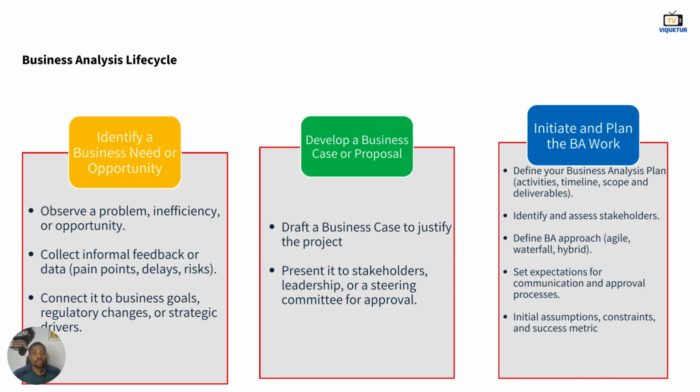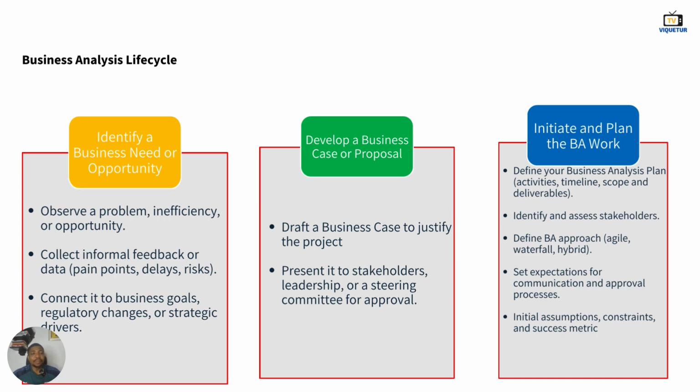The next thing you want to do is to then present this your business case to your stakeholders, which is maybe your leadership or a steering committee, depending on how your organization is set up, right? You cannot approve a project on your own for it to start. You must take it to your stakeholders and then present it to them, or maybe your management, your CEO, you must get that buy-in and they must approve it.